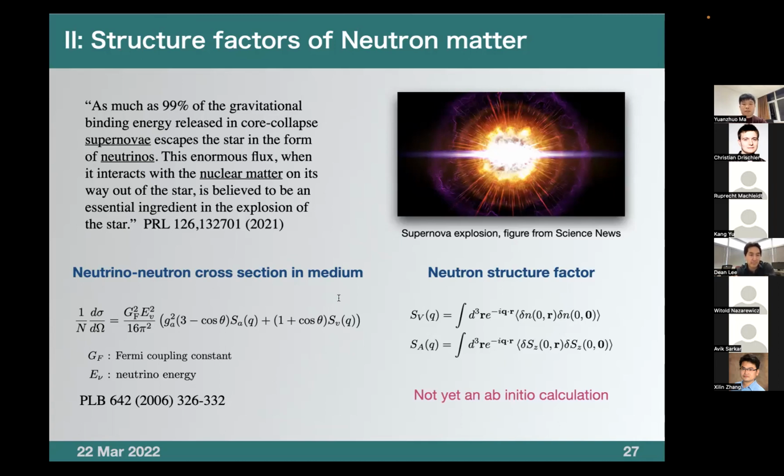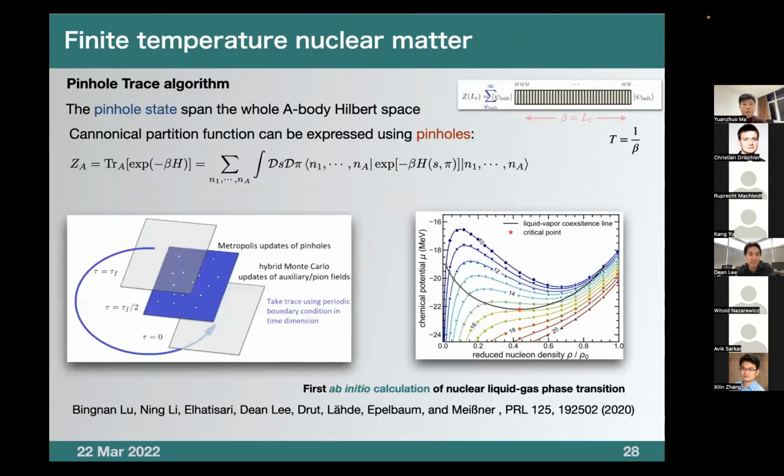To perform such a calculation, we need the help of the pinhole trace algorithm, which was first developed in 2020. The key idea is that the canonical partition function can be expressed using pinholes, and these pinholes or configurations can at last be summed up by Monte Carlo sampling.